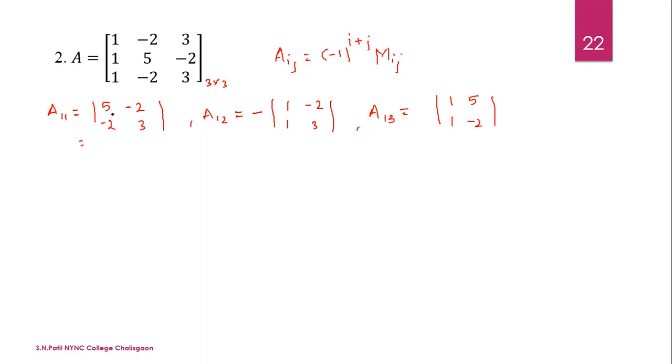Simplify: 5 into 3, 15; 2 into 2, 4; minus, minus, plus, and minus 4. So we get 11. Next is 3 into 1, which is 3, minus 2 into 1, minus 2, and minus minus is plus. We get here minus 5. Now it is equal to minus 2 and minus 5.